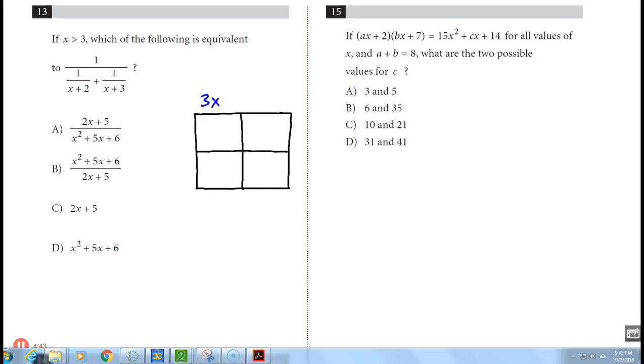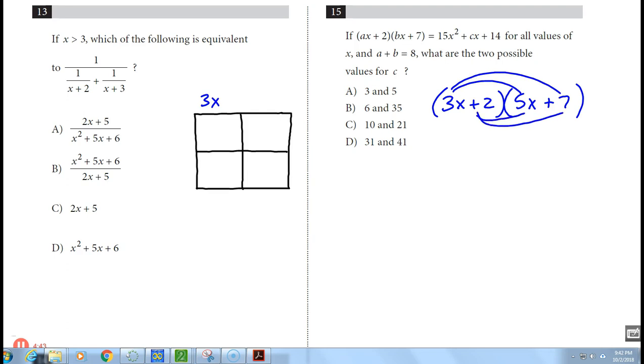So if I want to simulate how to do 3x plus 2 and 5x plus 7, and you're kind of struggling with FOIL, struggling with this double distribution, you get a lot of arrows, it gets kind of confusing. Another way to do it is do the 3x positive 2 on the top, and then run the 5x plus 7 on the bottom.